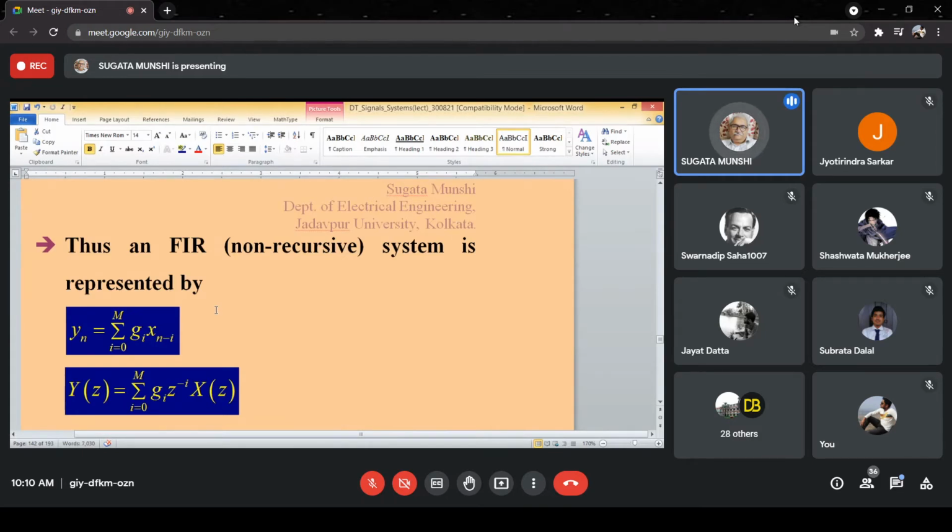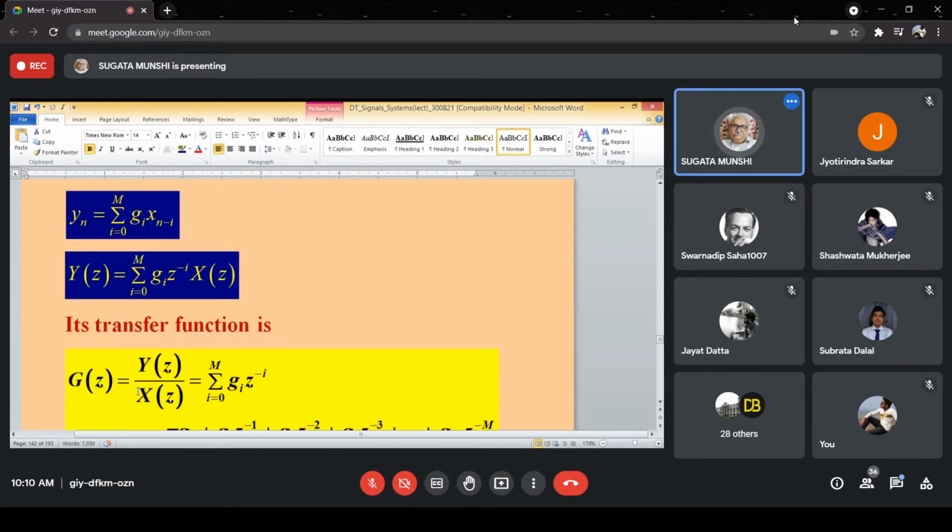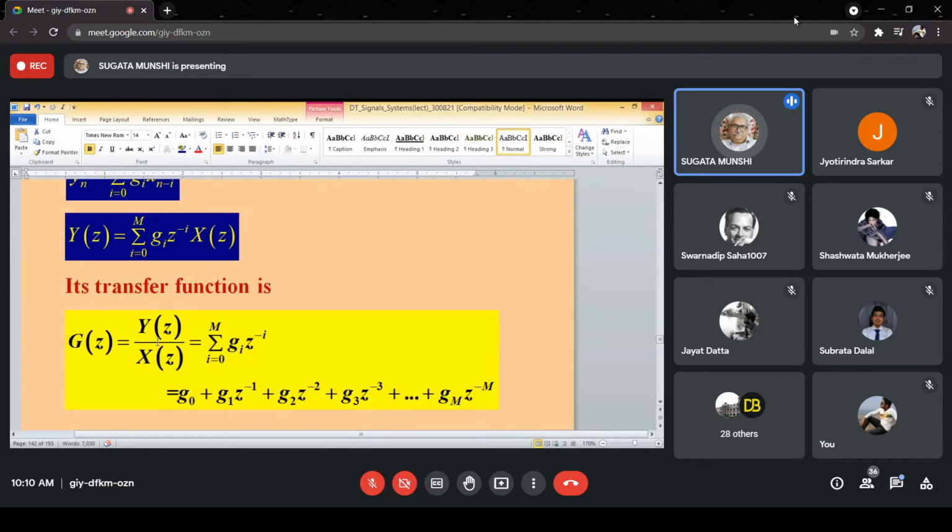Now, if you take the z transforms of both sides of this equation, you get an expression for Y(z). So what's the expression for the transfer function? G(z) equal to Y(z) by X(z). So that is the expression for the transfer function. It is simply the z transform of g[n], or of g_i.